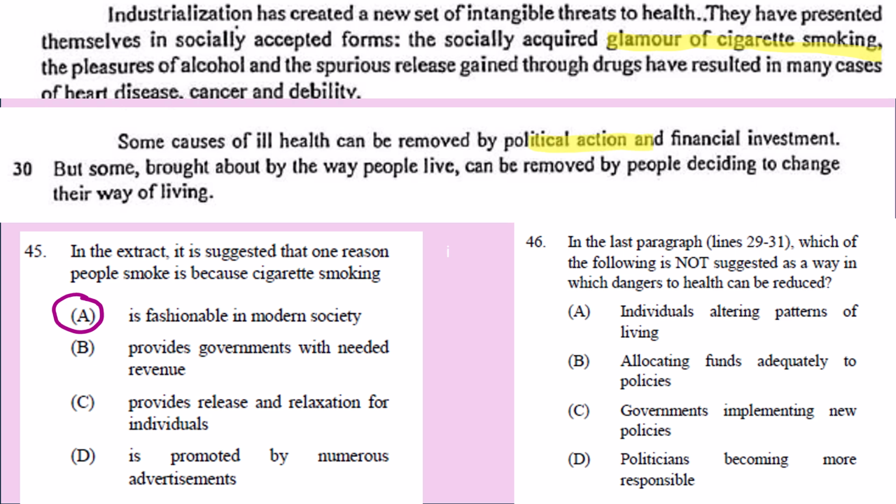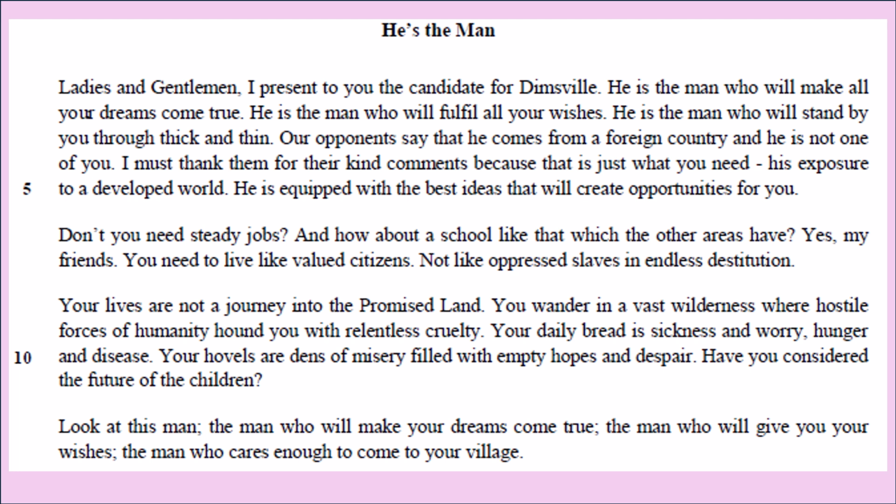Political action, so that has to do with policies, financial investment, and also people deciding to change their way of living. So we're going to go for D, politicians becoming more responsible. We weren't told that. We're on to our next extract.